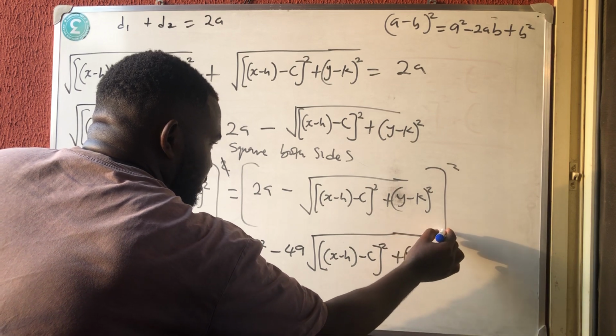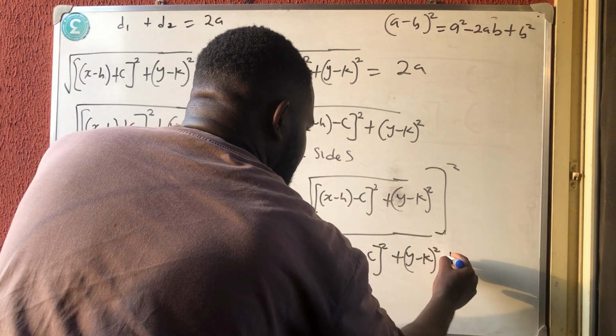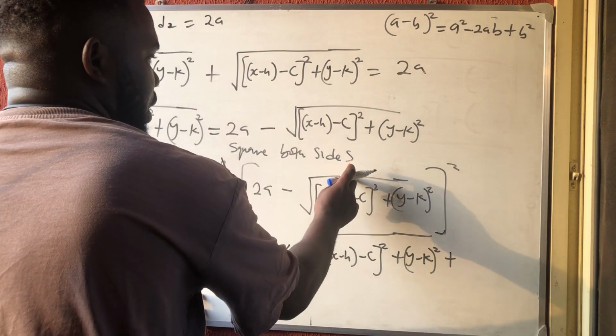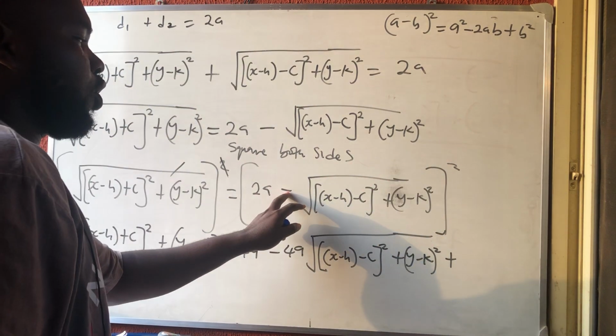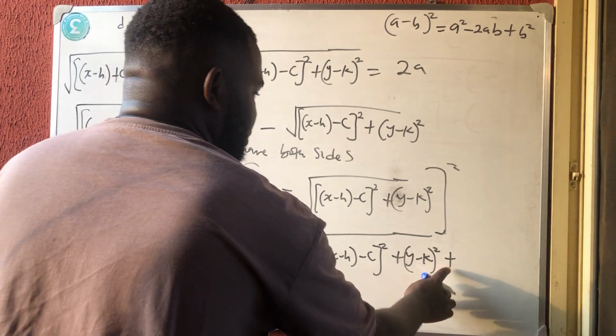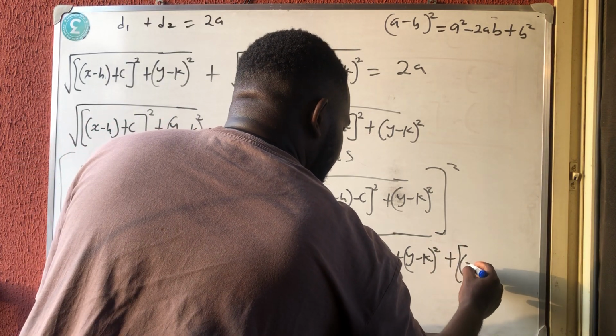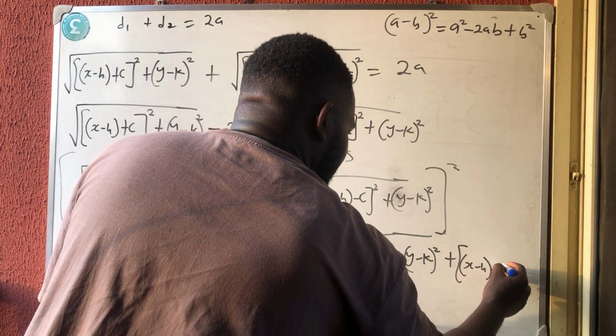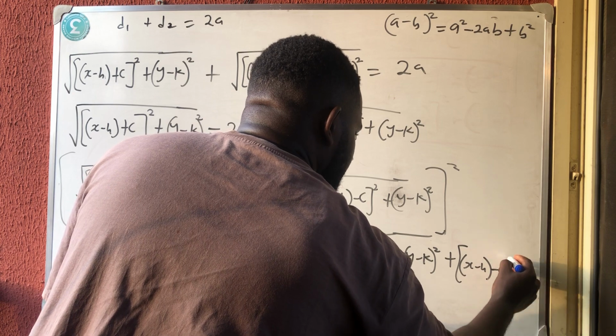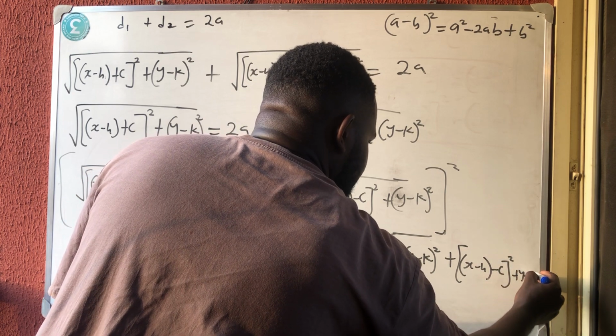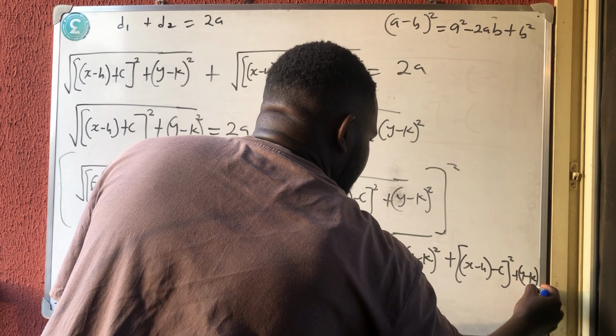Now I have doubled it, so the next thing is now to square the last one. If I square this last one, square root will cancel square, and the square of minus will give you plus. That's why I'm having plus here. So plus x minus h minus c all squared plus y minus k all squared.